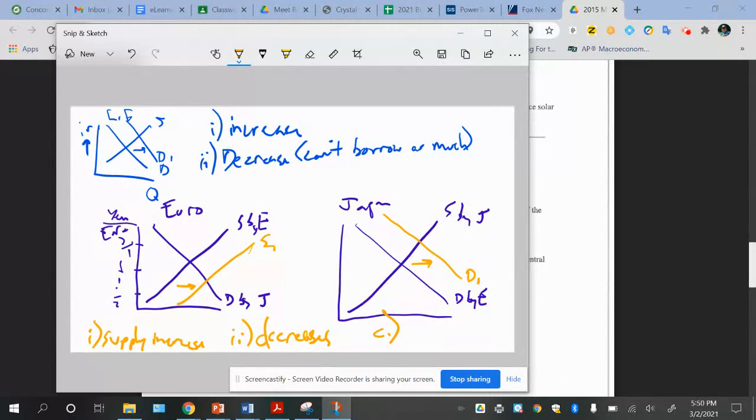It's asking us what the government, the central bank in Europe, should do to make sure that euros don't depreciate so much. Well, one thing that the central bank in Europe can do is buy their own currency, as weird as that is to say.